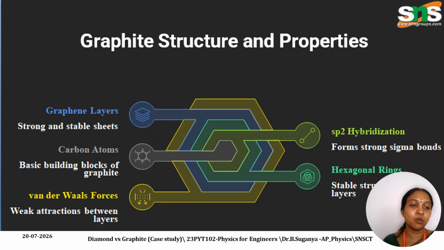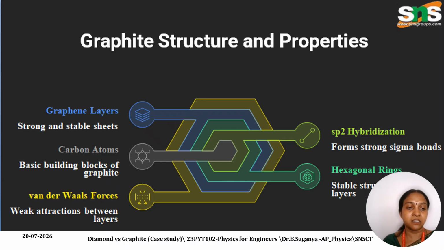In diamond, all electrons are involved in bonding, so there are no free electrons to carry charge. But in graphite, one electron from each carbon atom is delocalized, so it can move and conduct electricity.